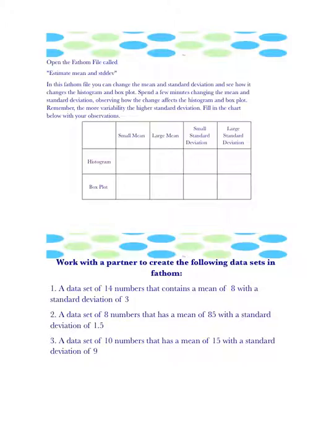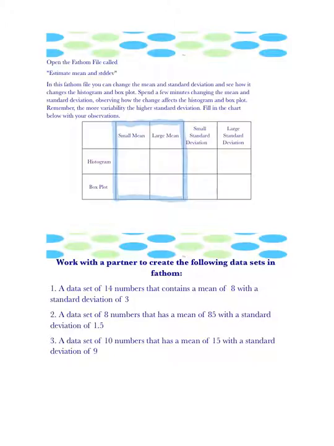Okay, so hopefully you've had some good time to go through the program and see what's going on with these different displays. So the first section right here, we're mainly looking at the mean of the histogram and the box plot. And you're supposed to say what happens whenever you have a large versus a small mean.